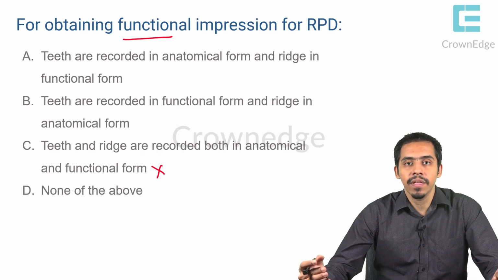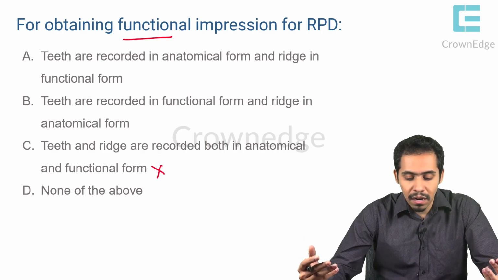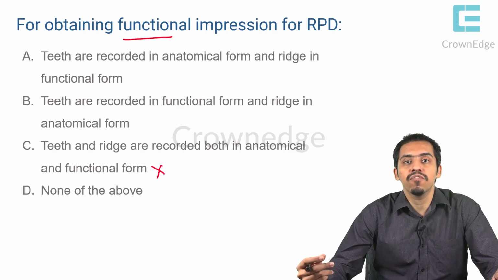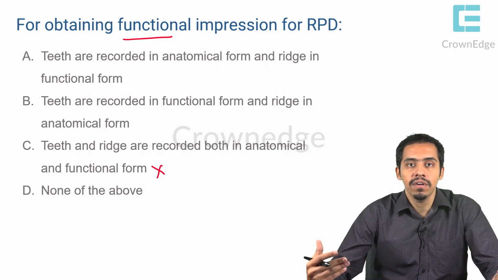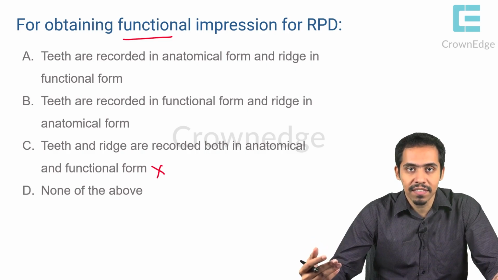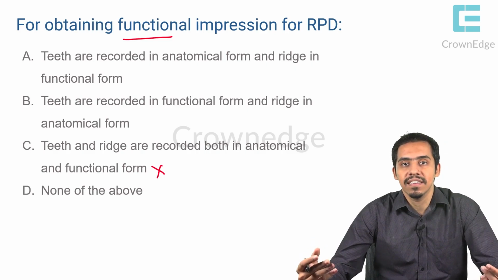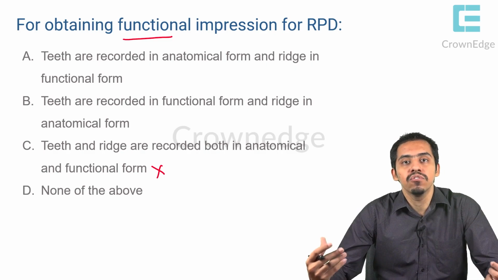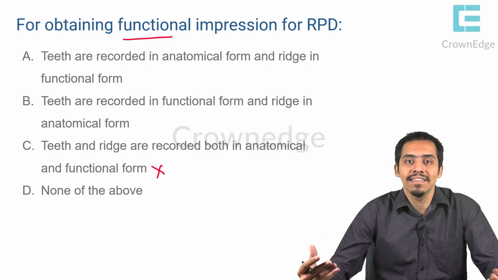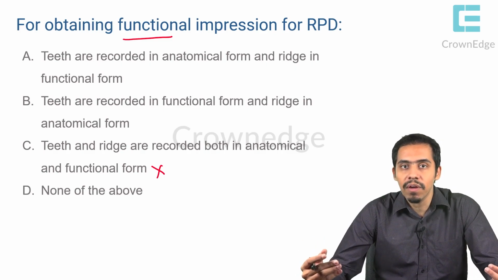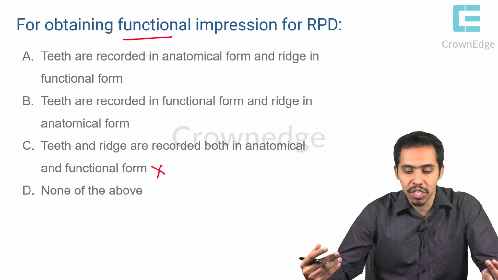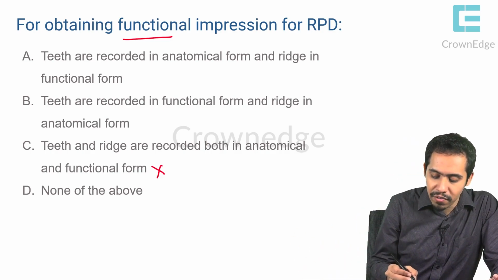So ideally, why we want a functional form is from the tissues, because tissues rebound under too much stress, or if they are under rest, they are not able to take all the load that is exerted on them. That is the reason why we need a functional based impression.